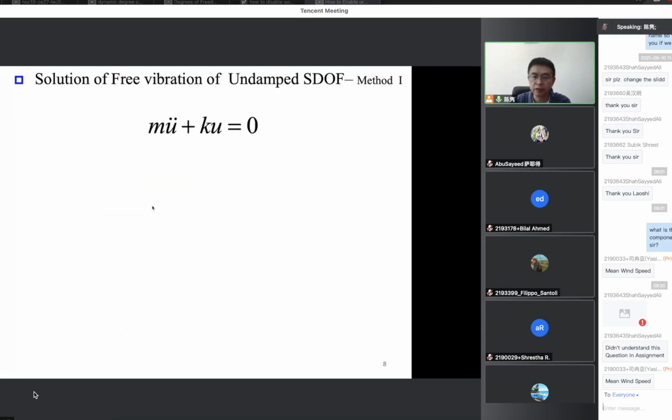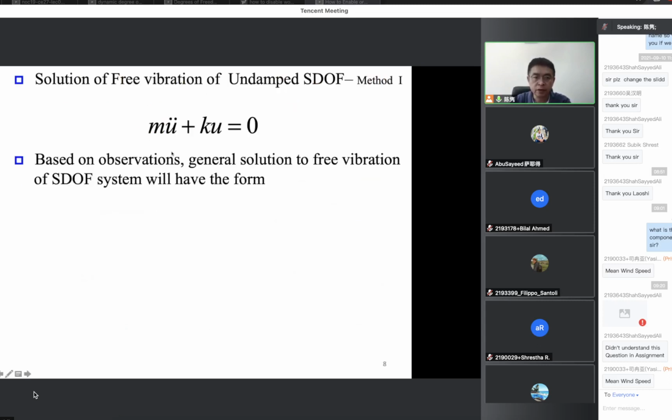So this is from the observation, which means for this equation of motion, for this undamped SDF system, we know that the general solution to this free vibration system will have this form, which can be expressed as A1 times cosine omega t plus A2 sine omega t. So there are two unknown coefficients, A1, A2. We need to determine these using the initial conditions.